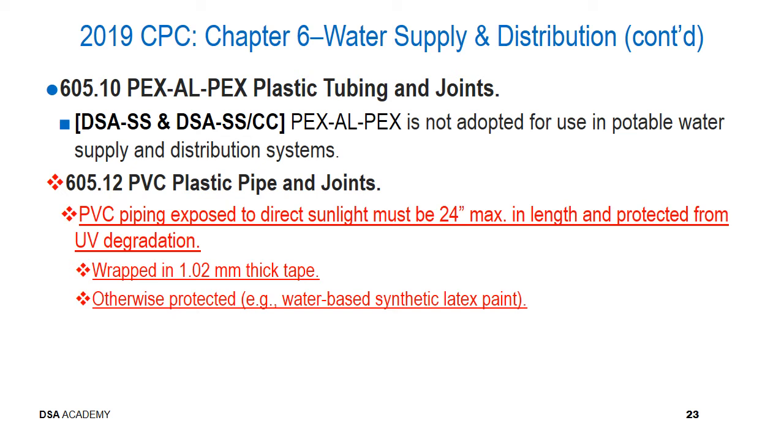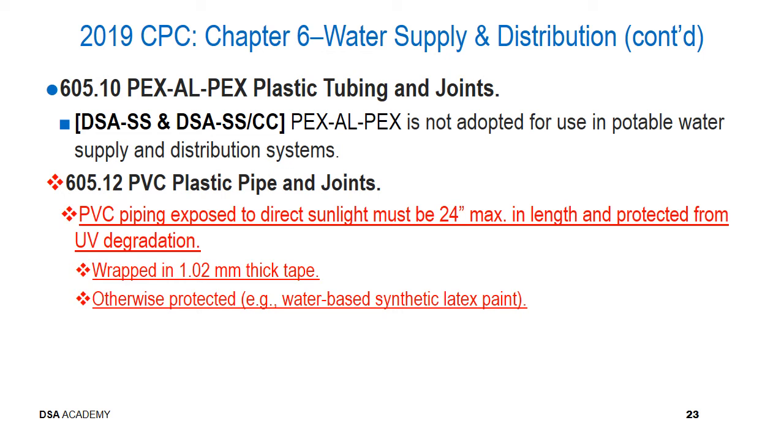There's some new additions to PVC use, primarily related to the fact that PVC exposed to the environment, specifically sunlight, has got to be protected in some way from ultraviolet damage. So what you see here in section 605.12 is some new language that basically reiterates the fact that any exposed PVC outside has got to be protected from ultraviolet degradation.